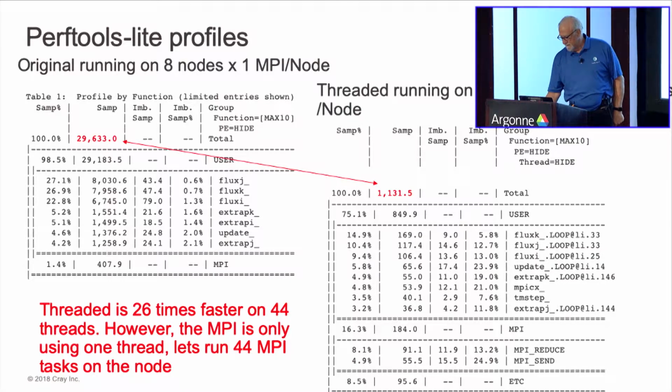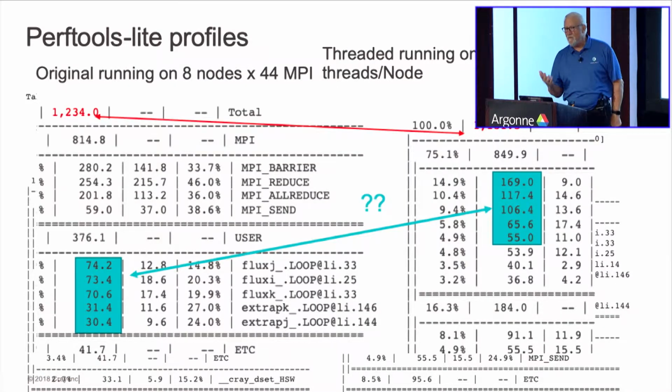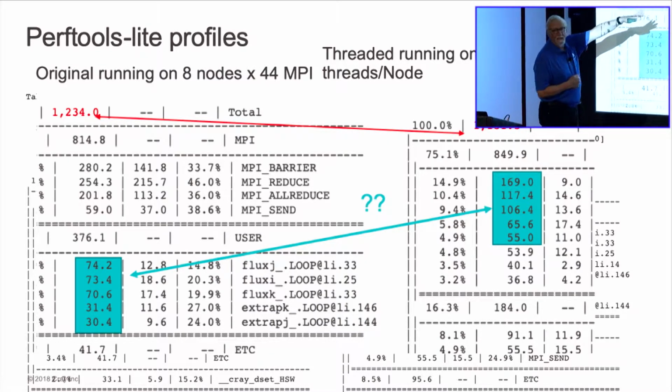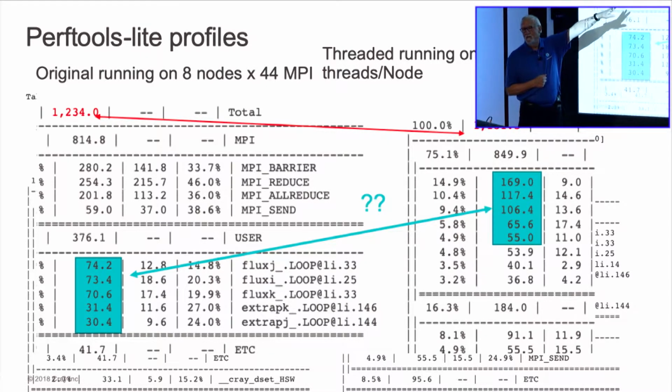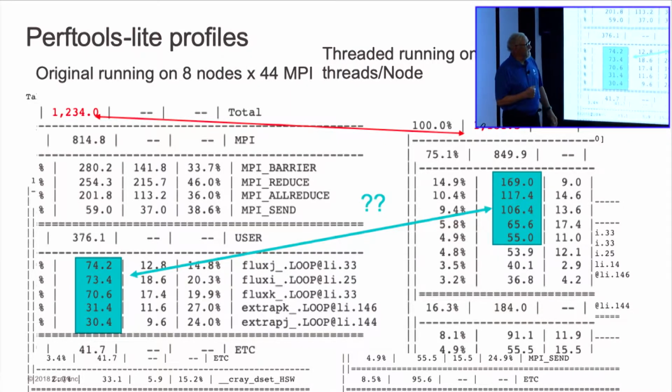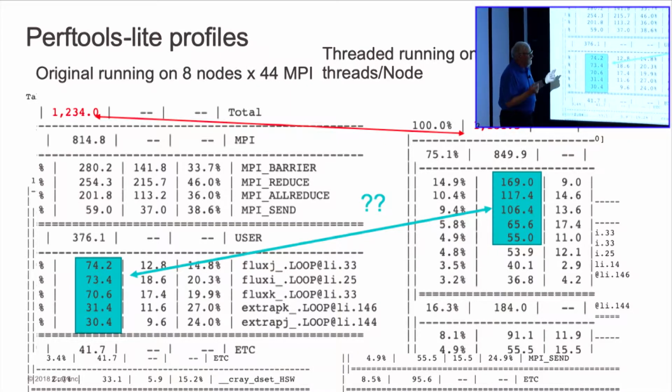So let's run with 44 MPI tasks on the node. All right, so we're still a little bit faster, but this sped up a great deal. But look at this.